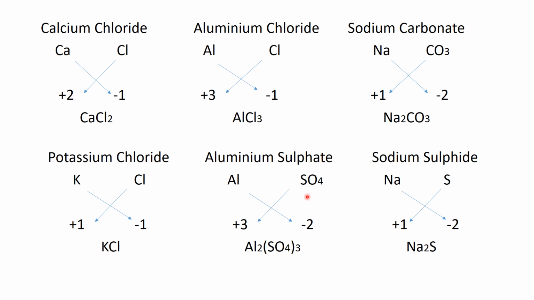And SO4, as we have done before, should be inside the bracket, because it will be multiplied by 3, so you have to enclose it in the bracket. You can see here inside the bracket we have written SO4 and then 3 in the subscript. Why is 3 written outside the bracket? Because 3 will be multiplied with this S also and with oxygen also.